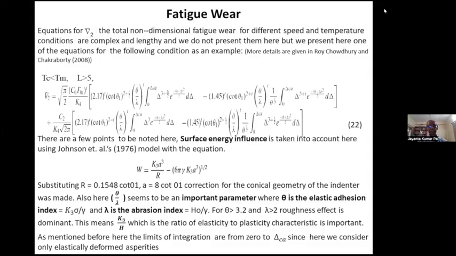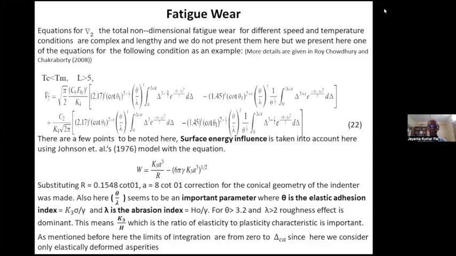And as we said earlier, we integrate between 0 and capital delta CA to take care of only the asperities which are deformed elastically only.